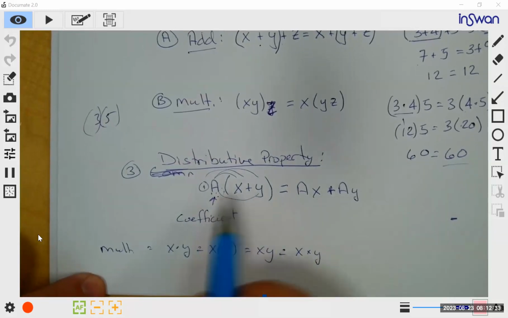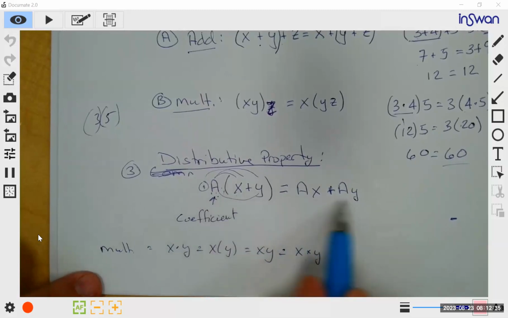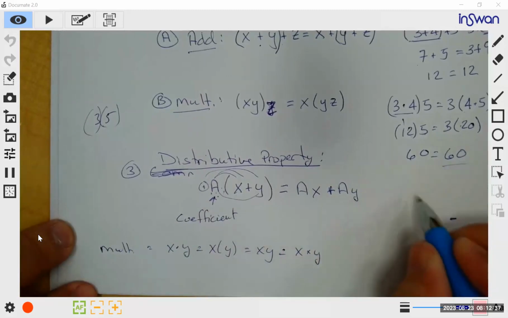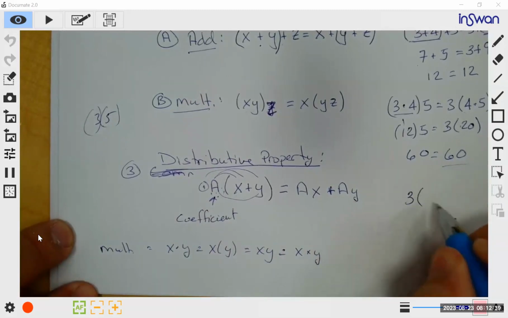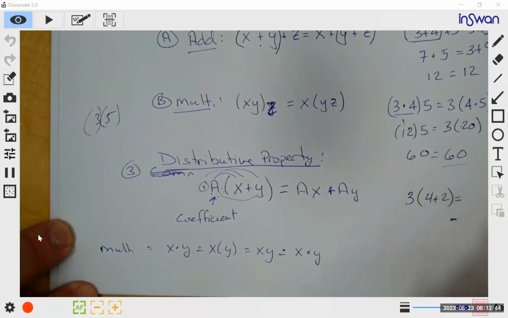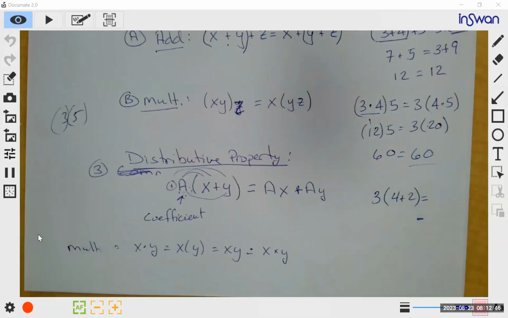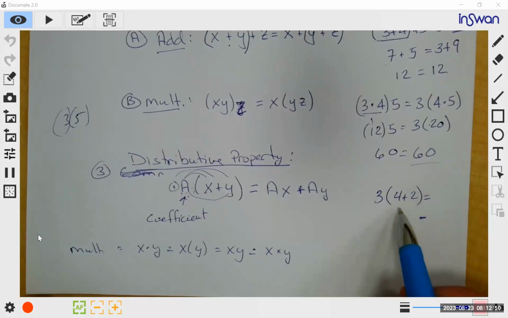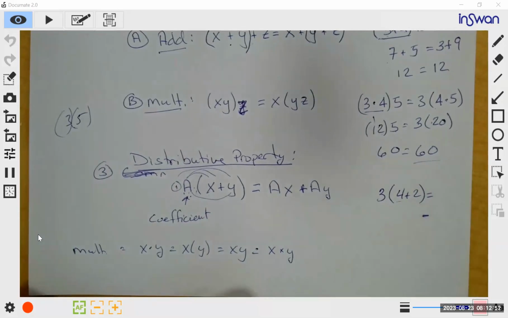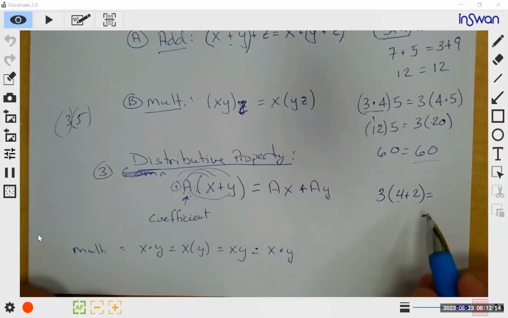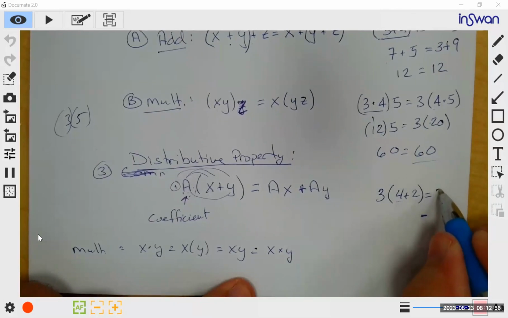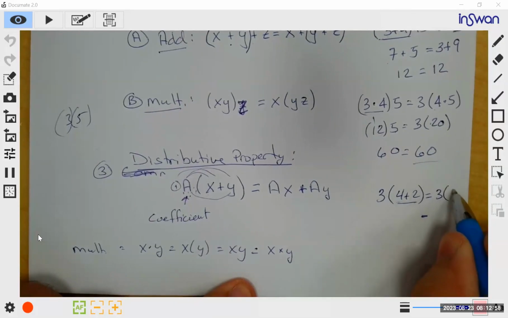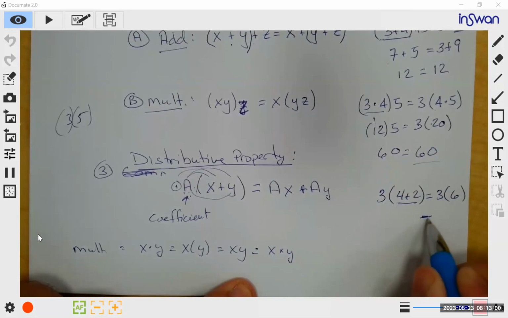Now, the beautiful thing about this equation, let me just give an example. We can do it two ways. Since we can do the inside of the parentheses, 4 plus 2 is 6. 3 times 6 is 18.